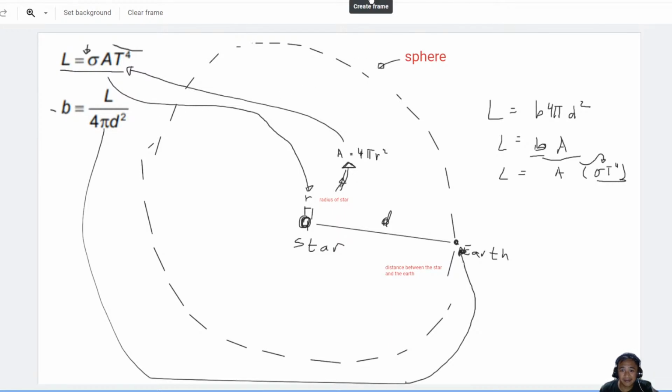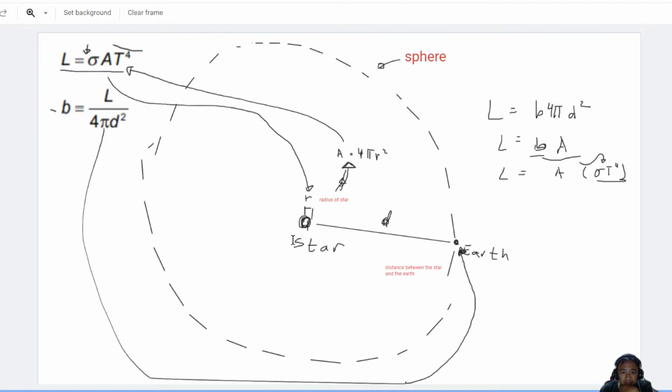So b can equal the Boltzmann constant times the quartic temperature. Yes, that equation can be like that. Okay.